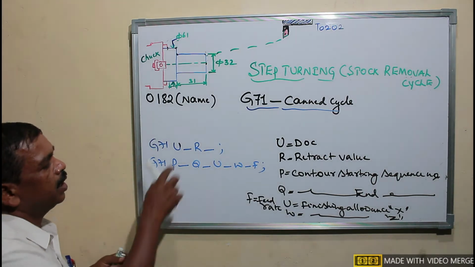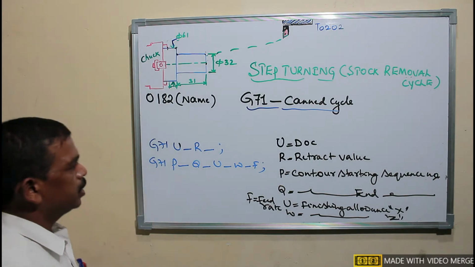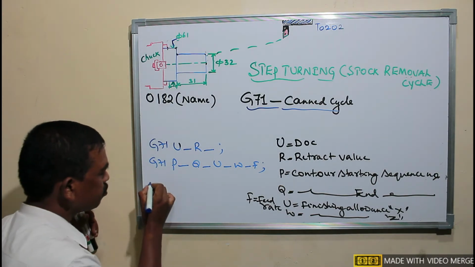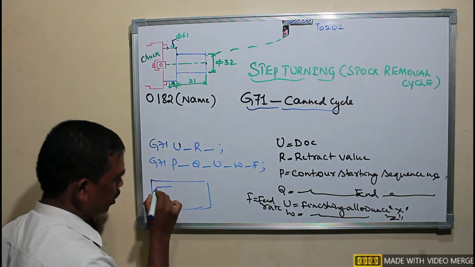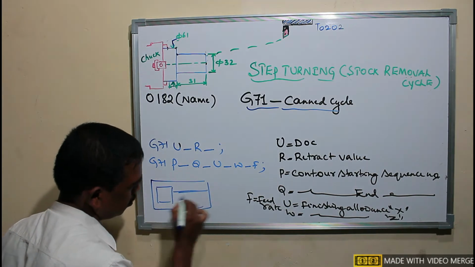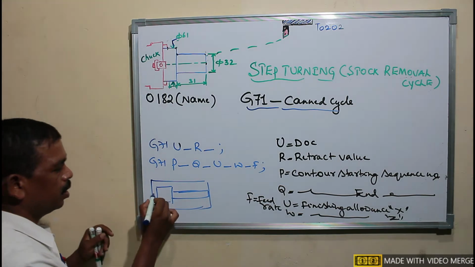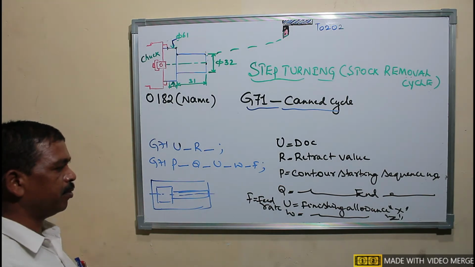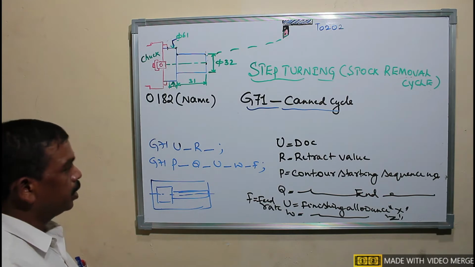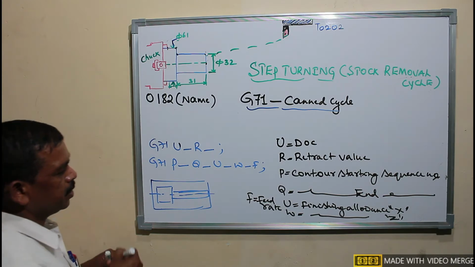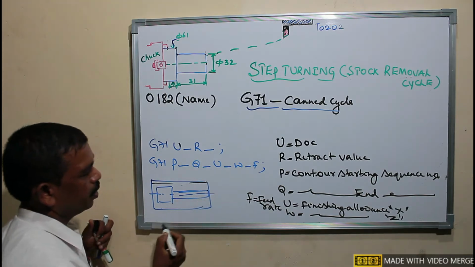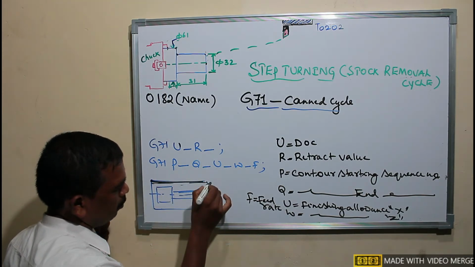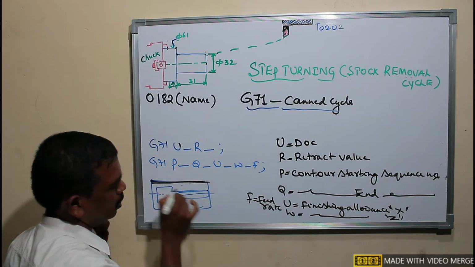What is this depth of cut? So this is the raw material. From this we want the shape like this. This is the final shape of the workpiece we want. For reducing this stock from here to here, we have to move the tool every time like this.